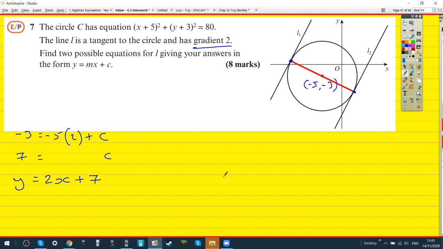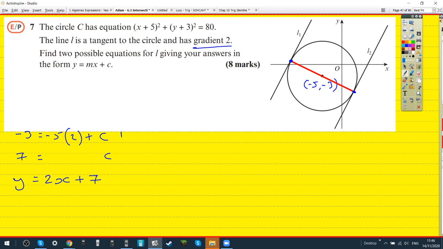Because the circle goes through the point as well. But how do you do simultaneous if you only have one? y equals 2x plus 7. You can use the equation of the circle.